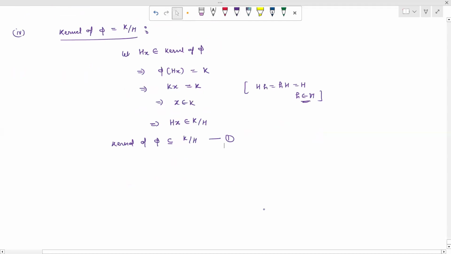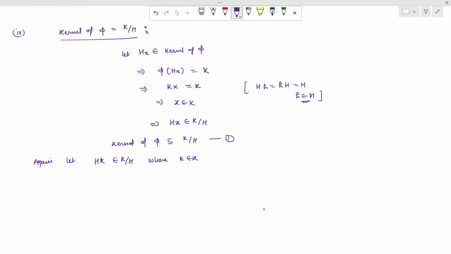Now we move further, so that we again let hk belong to K over H, where small k belongs to K. So now we take phi of hk equal to Kk.